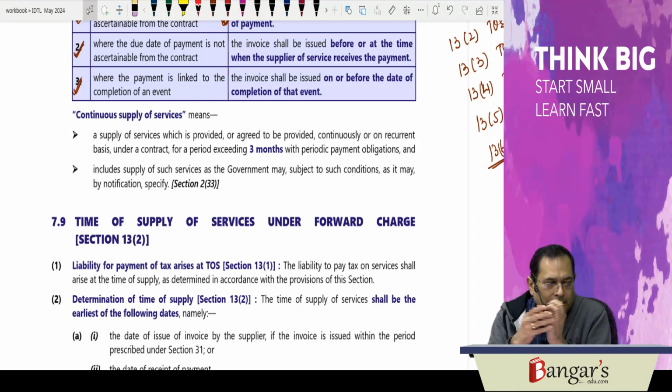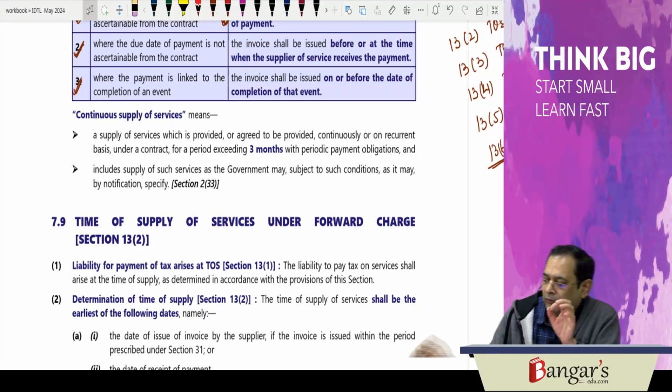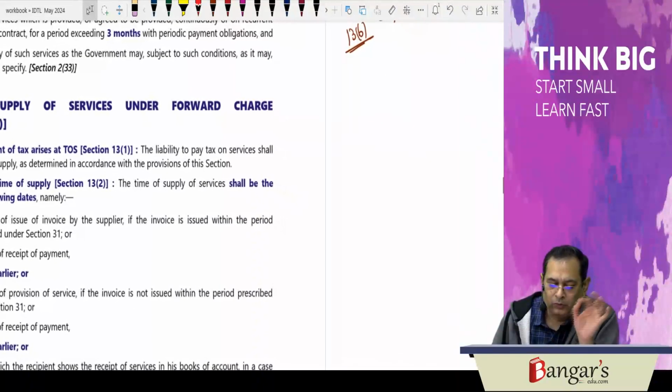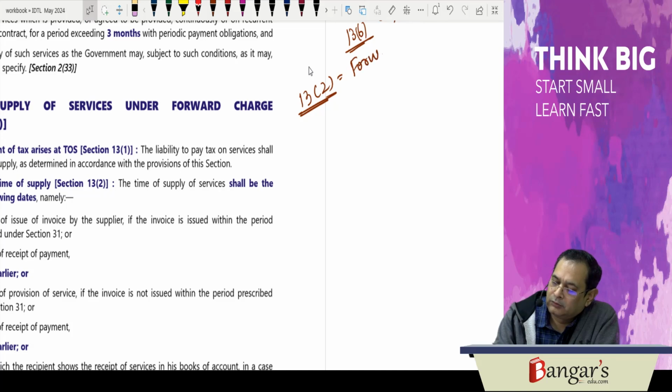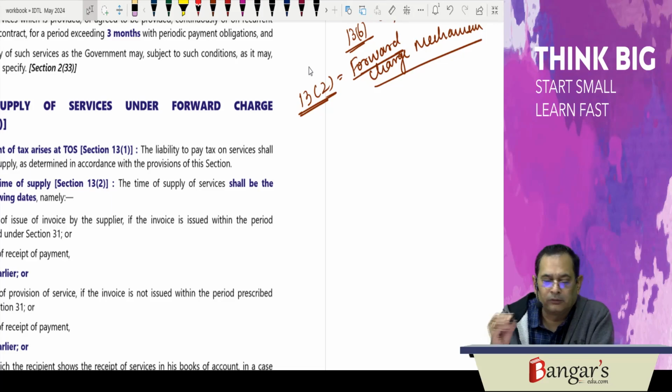Now, section 13.2 deals with determination of time of supply in case of forward charge mechanism.